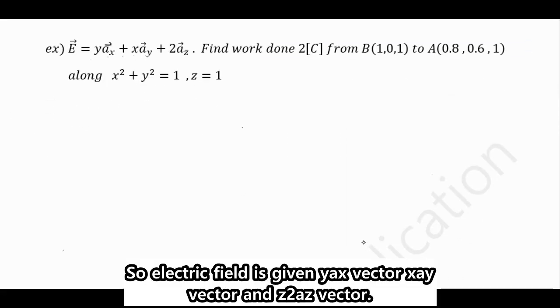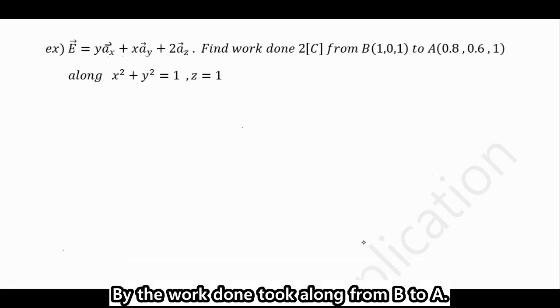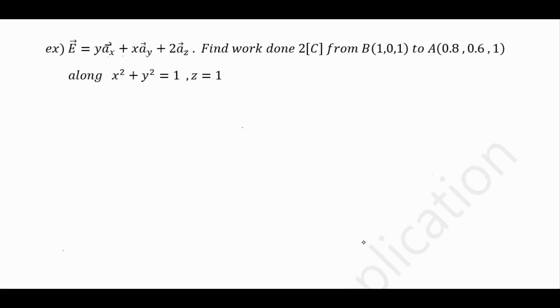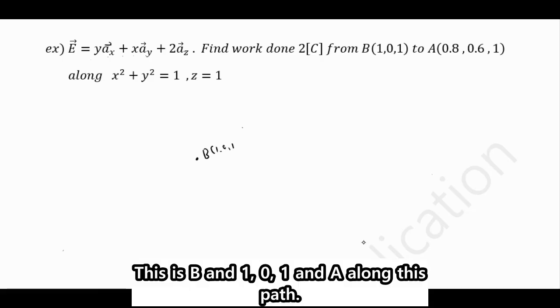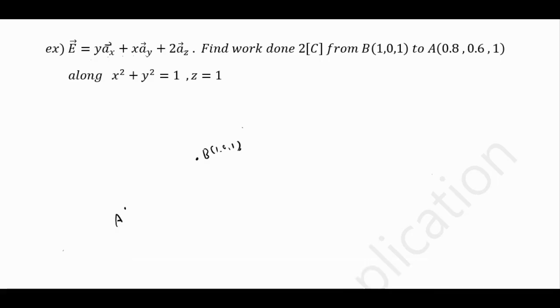The electric field is given as y ax vector, x ay vector, and z plus 2 az vector. Find the work done in moving 2 coulombs from B to A. This is B, 1, 0, 1, and A, along this path.